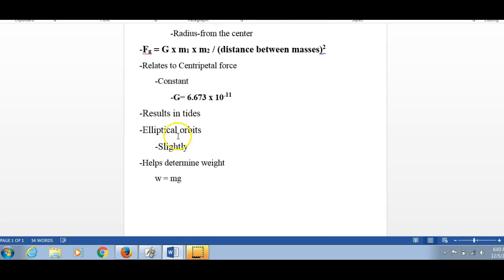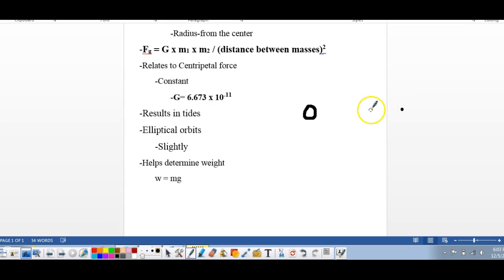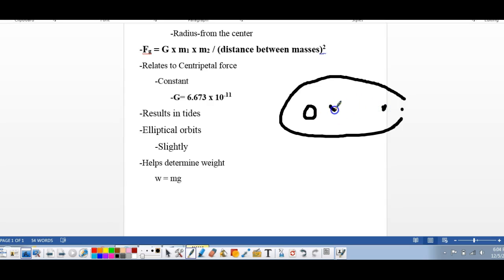And also, as I said before, gravity causes slightly elliptical orbits. So if we were going to say the sun is like this, we'll draw the Earth much smaller, and then really the orbit is more like this. Okay, and that's exaggerated, and these have these foci right here.